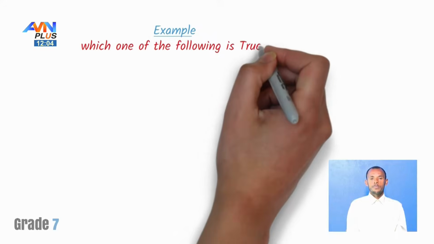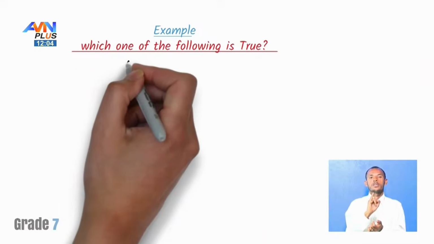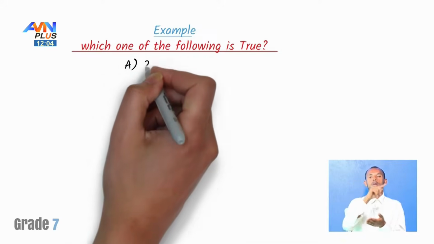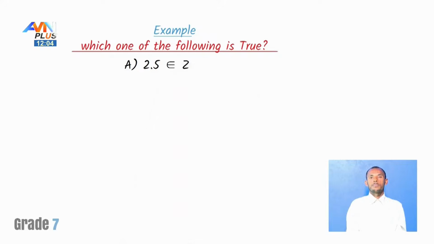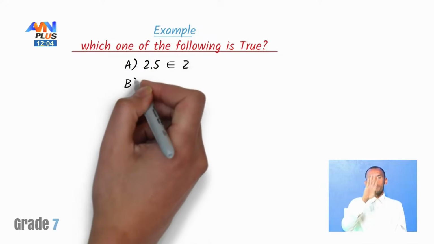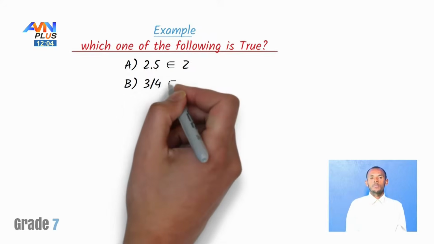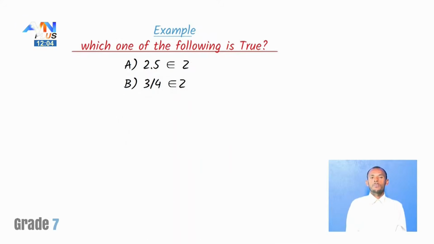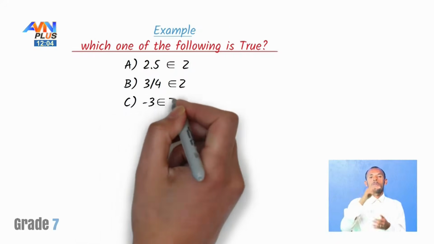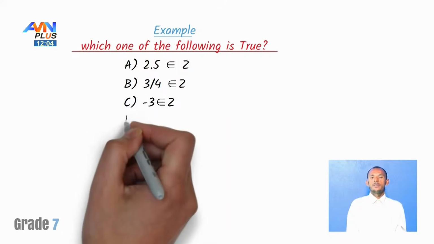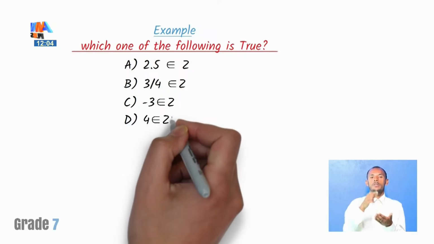A, 2.5 is an element of Z. B, 3/4 is an element of Z. C, -3 is an element of Z. D, 4 is an element of Z plus.